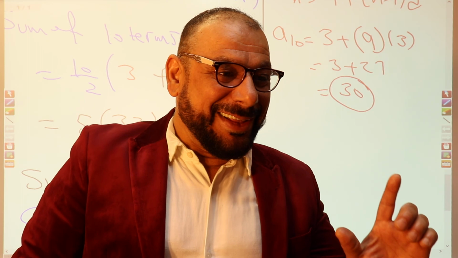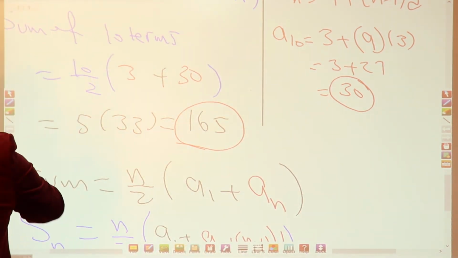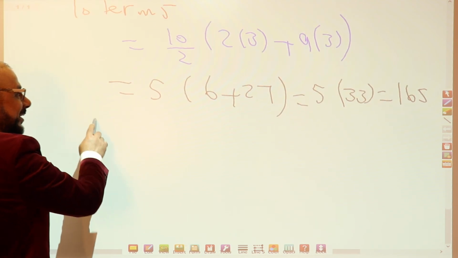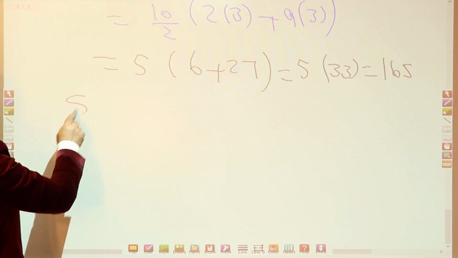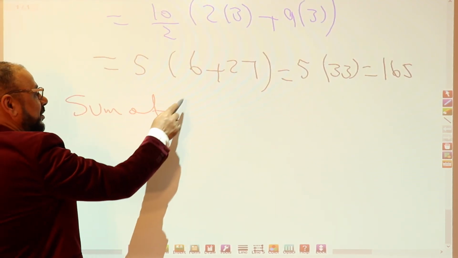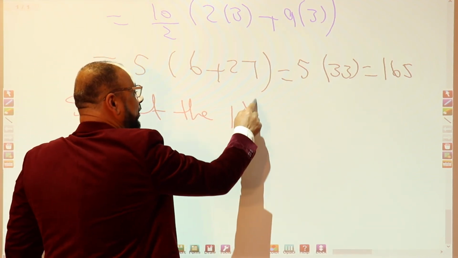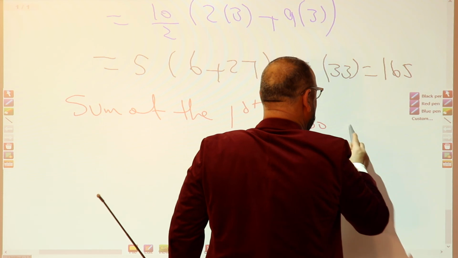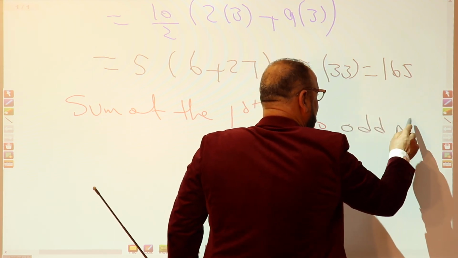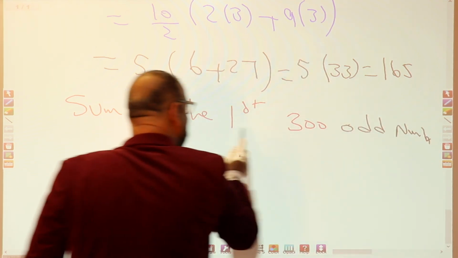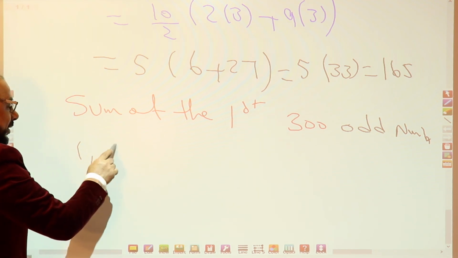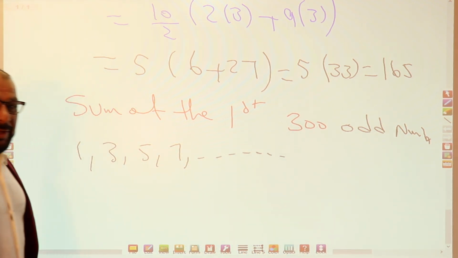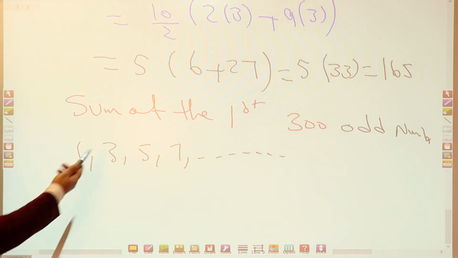Remember, odd numbers go 1, 3, 5, 7 and so on. This is an arithmetic sequence.